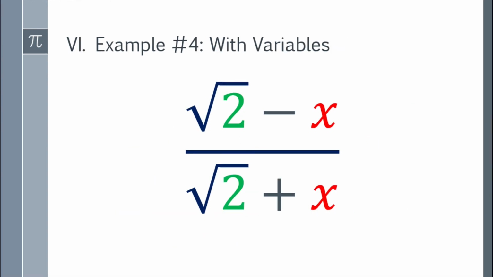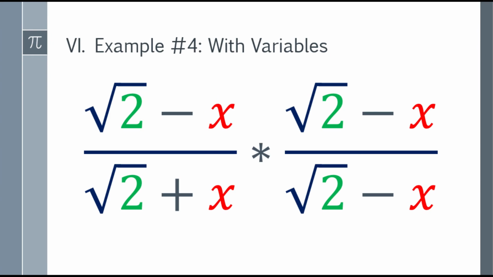Moving on, let's go to example number 4 with variables. Paano kung meron tayo dito? Square root of 2 minus x, tapos square root of 2, tapos plus x tayo. So, same lang naman din siya. Kunin mo yung conjugate, multiply natin siya sa conjugate, that will be square root of 2 minus x, and same with the denominator.